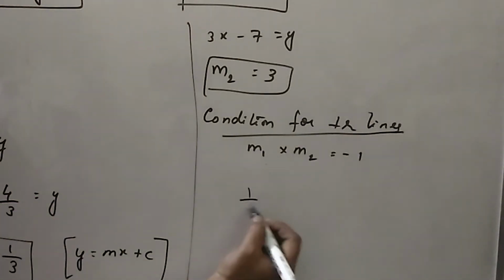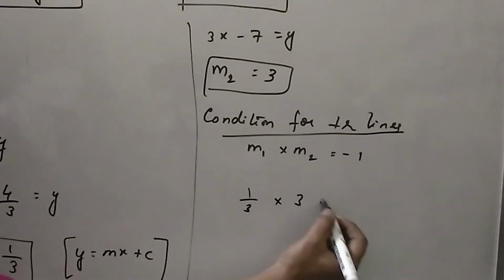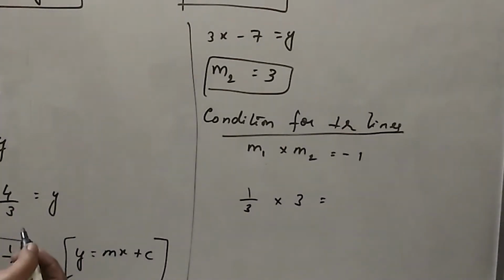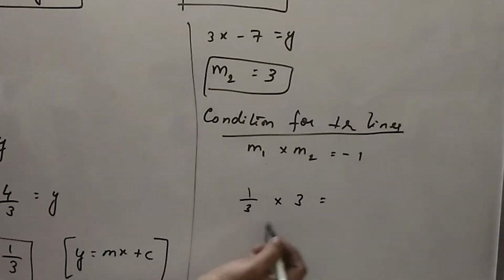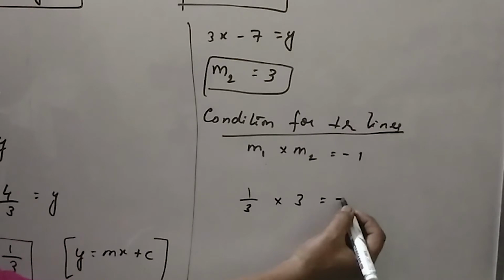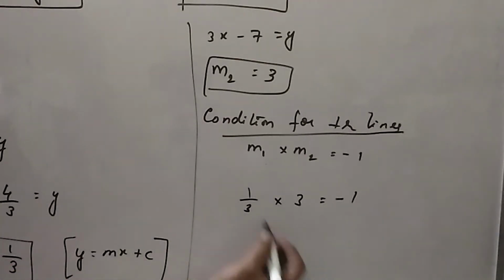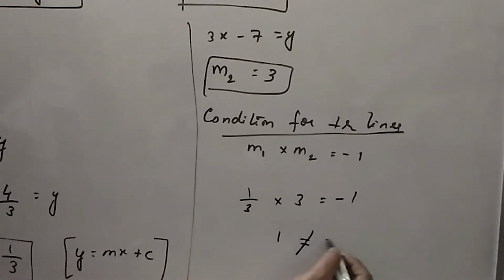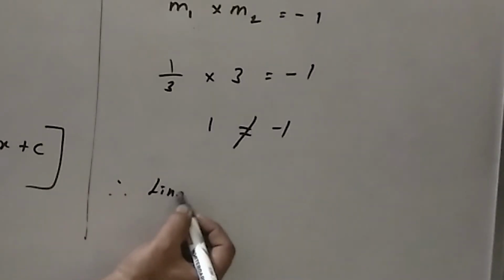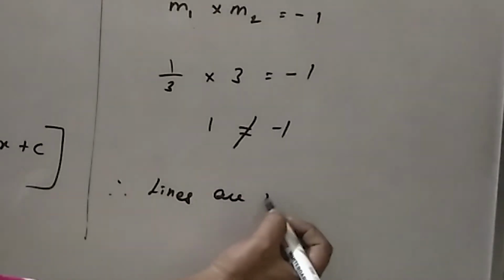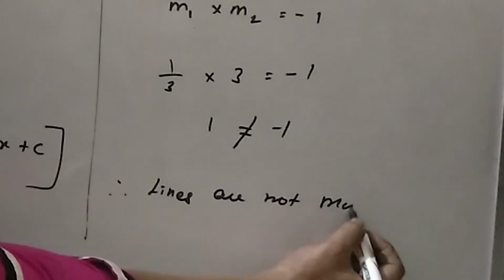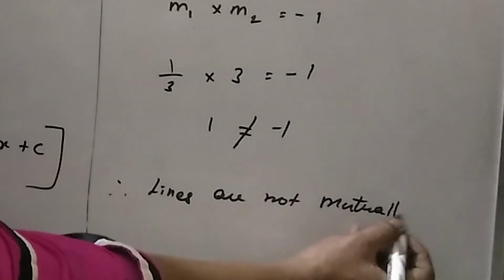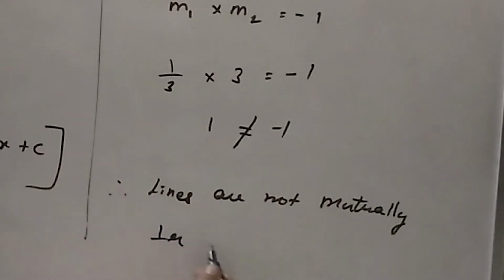Right? 1 upon 3 into 3 is equal to minus 1? No, 1 is not equal to minus 1. Therefore, the lines are not mutually perpendicular to each other.